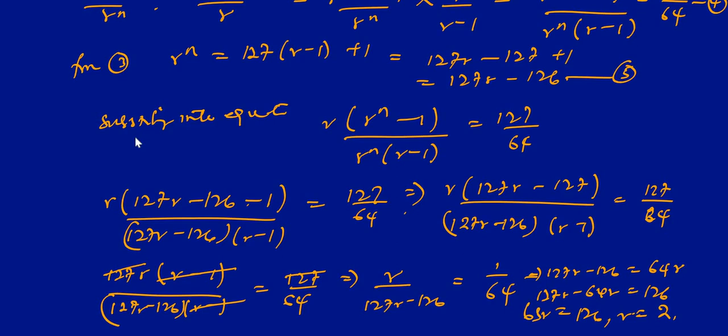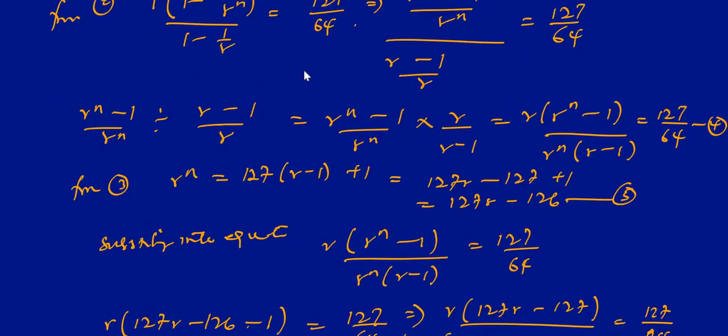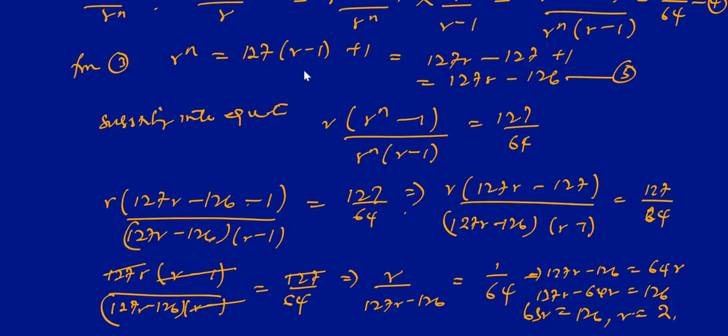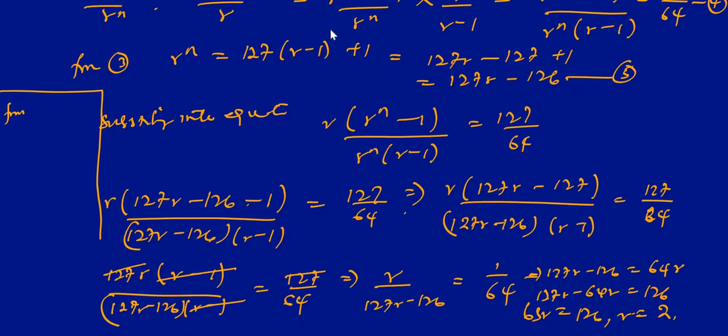Let's complete the value here. I use the equation that will be easier for us. From equation 5, we have that 127R minus 126 is equal to R raised to the power of n.